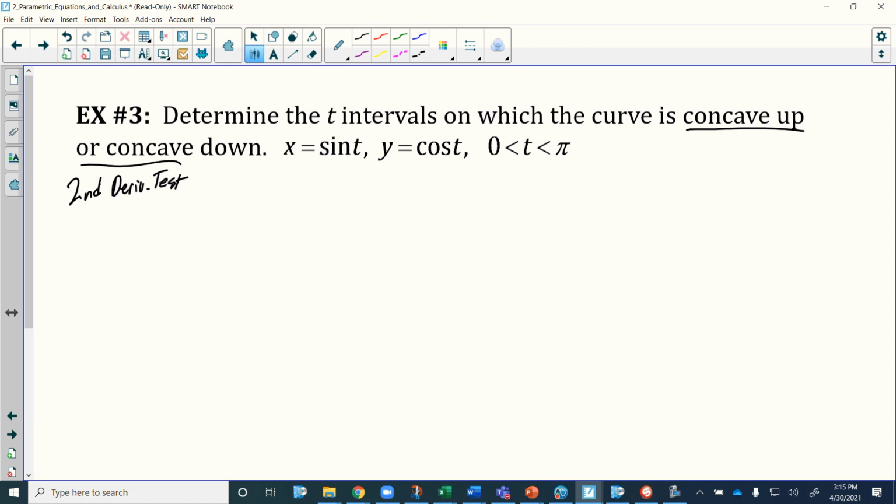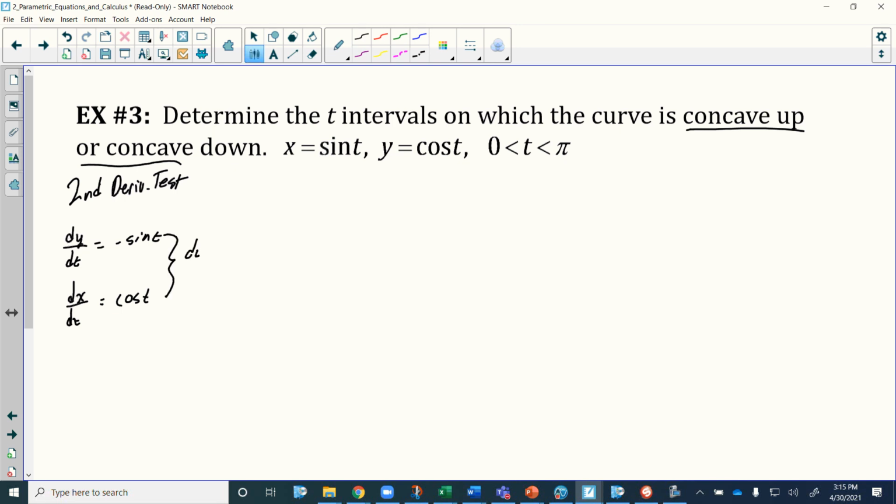So let's start it off with what we've been doing. Let's find the first derivative, obviously. So dy/dt: the derivative of cosine of t will be negative sine of t. dx/dt: the derivative of sine of t is just going to be cosine of t.